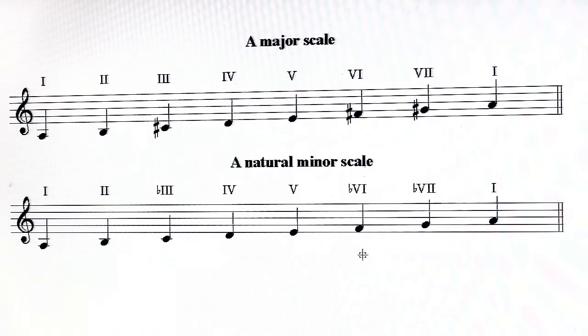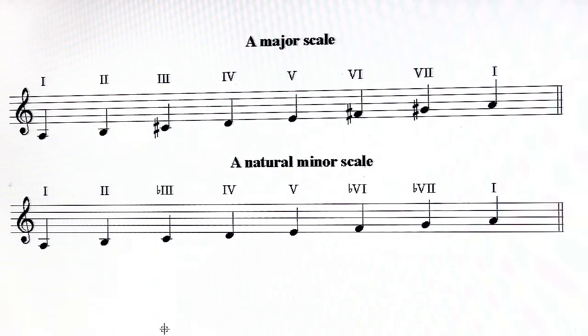Here it is, flat 6, down from F sharp to F, and G sharp, our 7th degree, is now a flat 7th down to G natural. We've had to make these alterations so as to conform to the intervallic definition of the natural minor scale. If we didn't flatten these degrees, then we wouldn't have this scale.